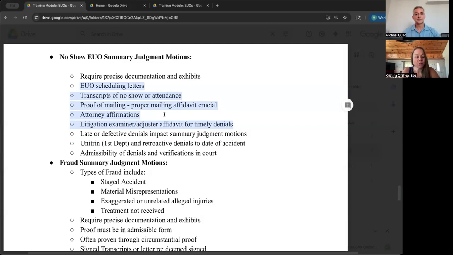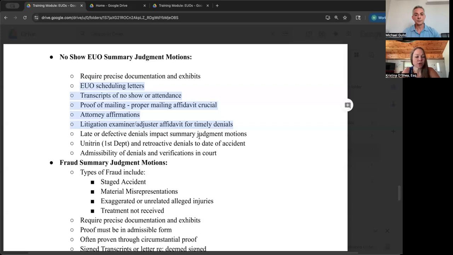But if, like we were talking about earlier, there's an address discrepancy or something, we want to explain that away based on the personal knowledge of that litigation examiner. Those are nuanced things that we might change from motion to motion. We want to walk the judge through what address discrepancies we saw or why we sent them to multiple addresses.